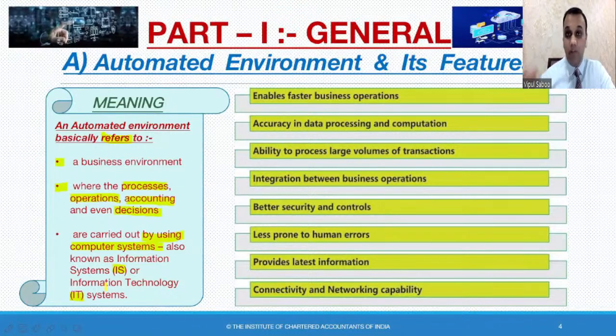So even if there are physical steps, it takes time. It takes time for every person, different time for every person to reach from one floor to another floor, right? But if there are escalators, it almost takes the equal time for everyone. So in the same manner, in a business environment, if there is automation, it will enable faster business operations.